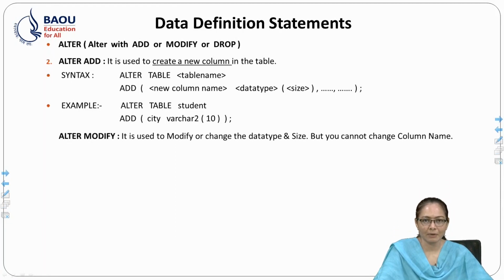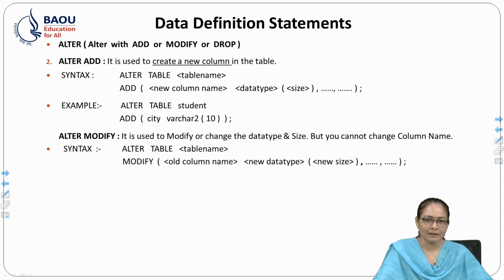Now the alter modify command is used to modify or change the data type and size, but you cannot change the column name. The syntax of this command is alter table, table name, then modify. Here we use modify instead of add because we want to change the data type and size. That's why we use the modify command.